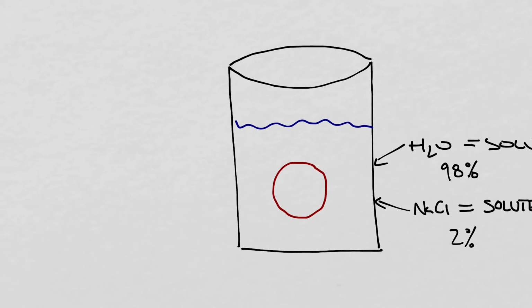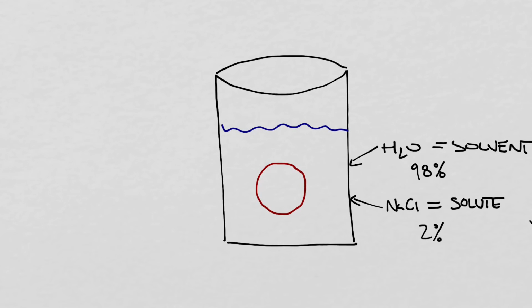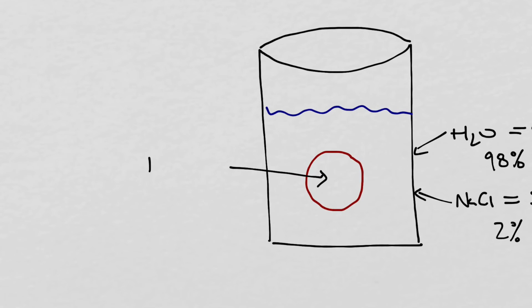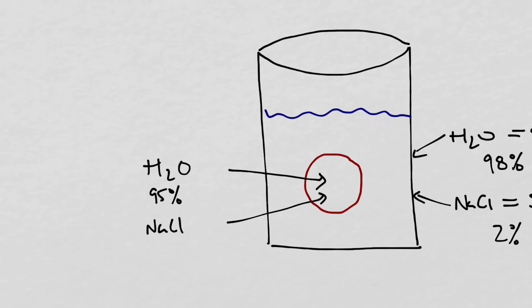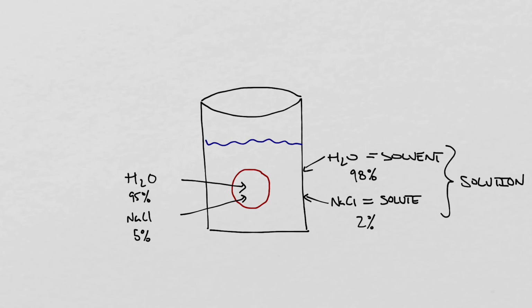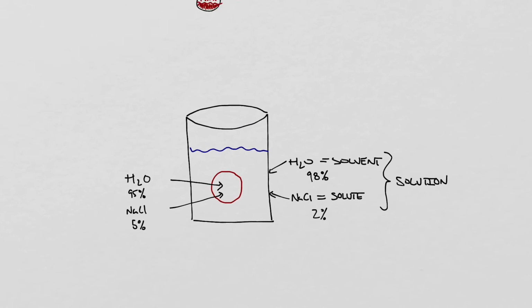And inside the cell, there is a water solution, but of a slightly different composition. This also has H2O and salt, NaCl, but this cell starts out at 95% water and 5% salt. So slightly different than the surrounding solution.